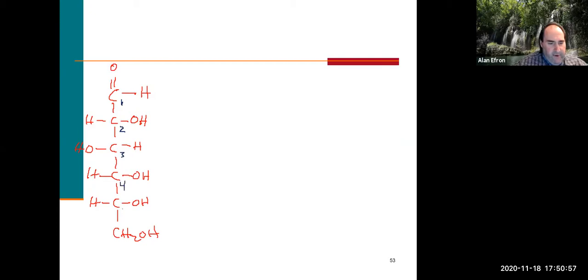This would be carbon 4. This would be carbon 5. And obviously this would be carbon 6. And sometimes it's helpful to take this whole thing and just drop it on its side. So what I'm going to do is take this and drop it to the right. And when I drop it to the right, I'm going to end up with something that looks like this.